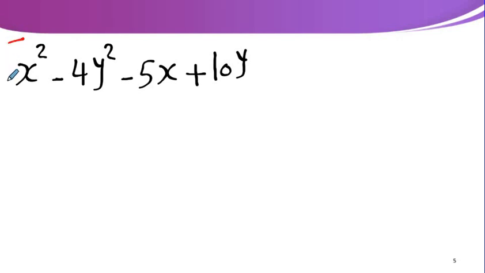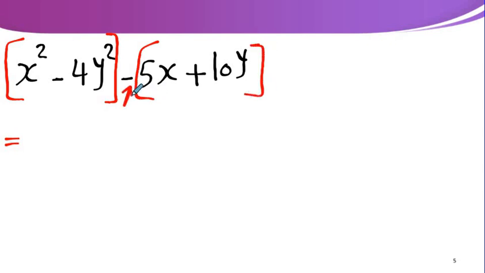We can take x squared minus 4y to the power 2 as a group, and here I can take, yes, this as another group, but be careful, you take negative as the highest common factor, so this sign will be, yes, negative.